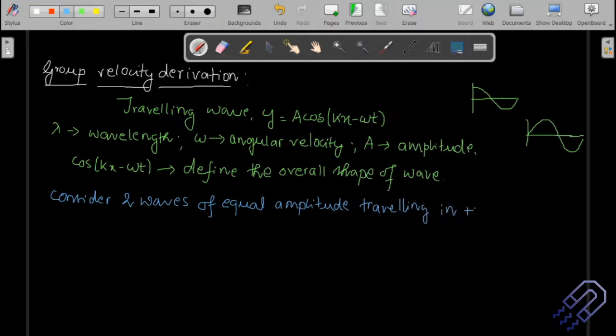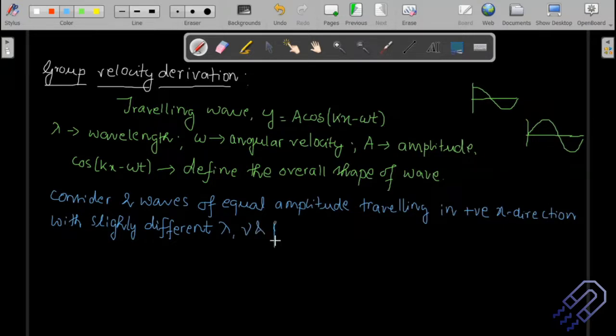We're talking about direction also being important, let's say positive x direction. I'm just writing it down in short. But then they have to have certain conditions: a very small difference, slightly different wavelength, frequency, and phase velocity.